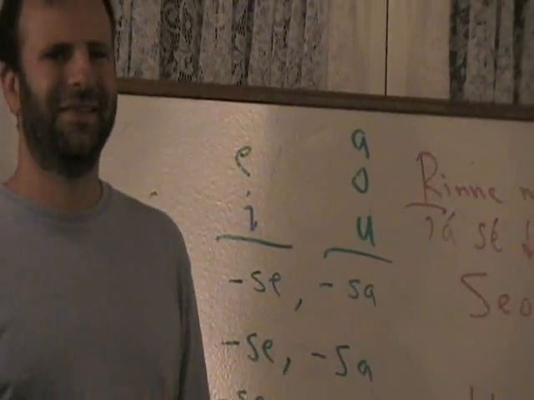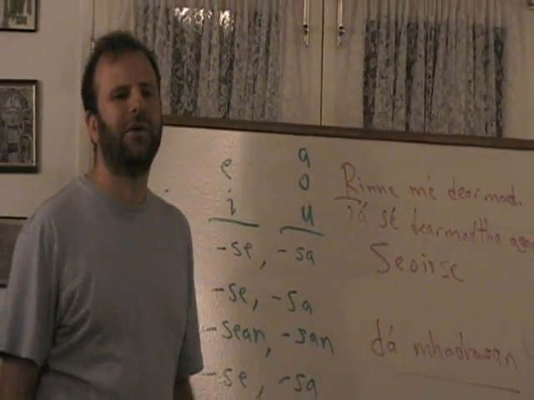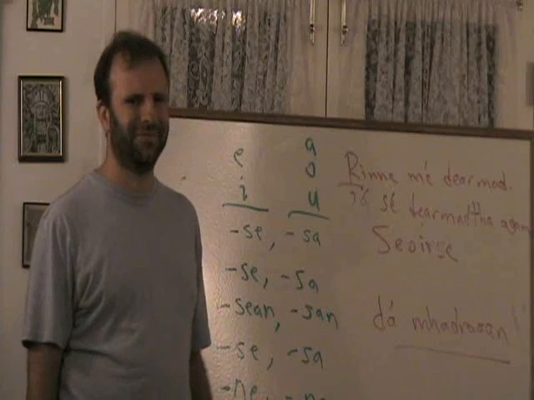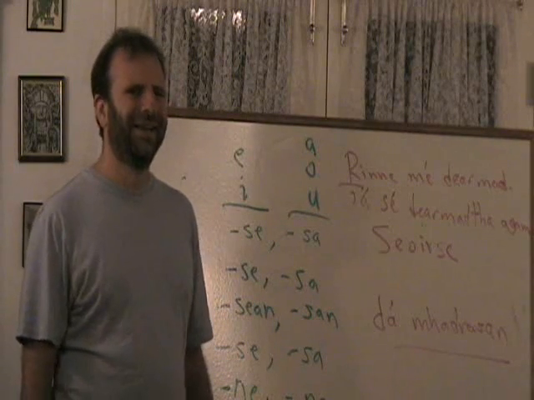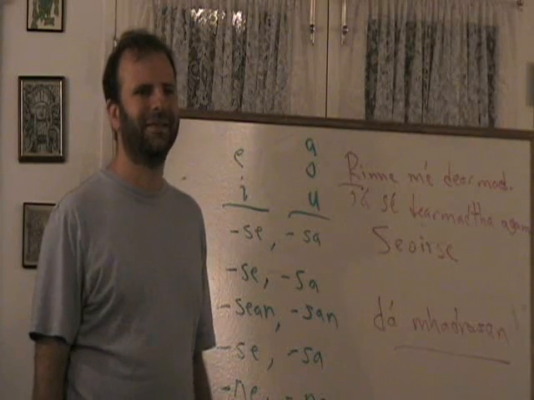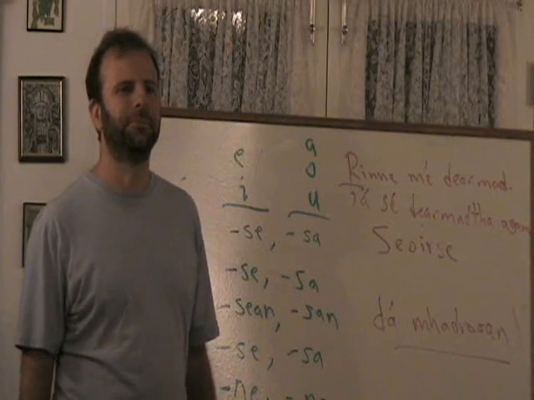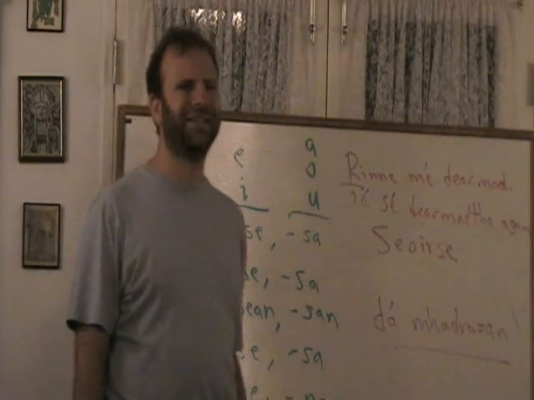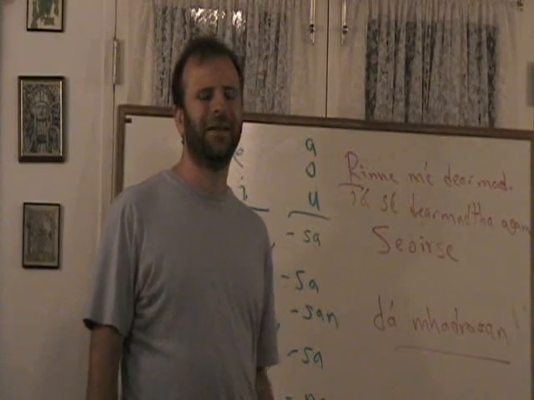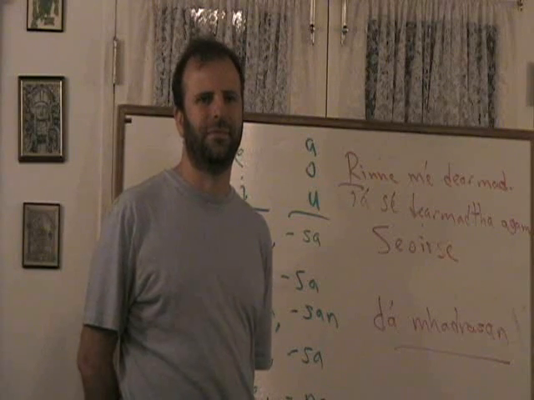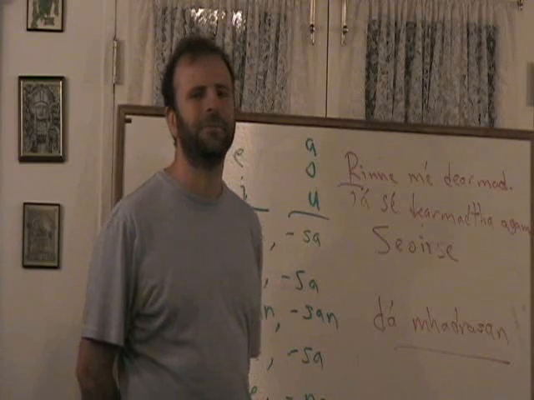Let's see. So "an bhfuil madra agat?" I guess "Cad is ainm don mhadra?" "Is ainm dó..." Okay. I guess "Cad is ainm do chat-sa?" "Is ainm dó..." Okay. I guess, "an bhfuil madra agat-sa?" "Cad is ainm dó?" Okay. Right.